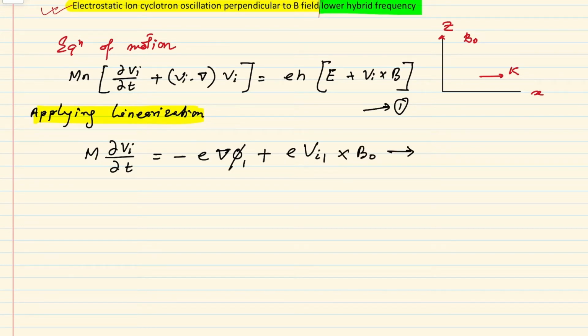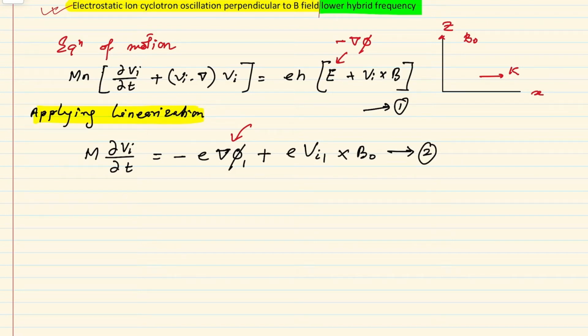This is equation number 2. Here E is the negative gradient of potential, that's why we have used del phi. We have considered a perturbation, so that's why we have written phi 1.